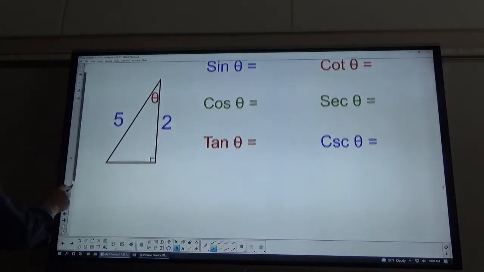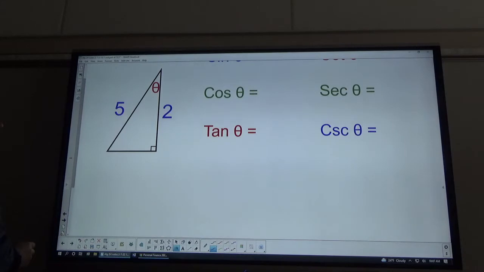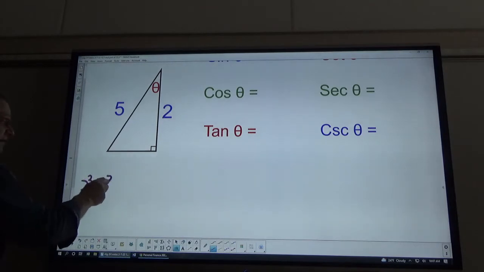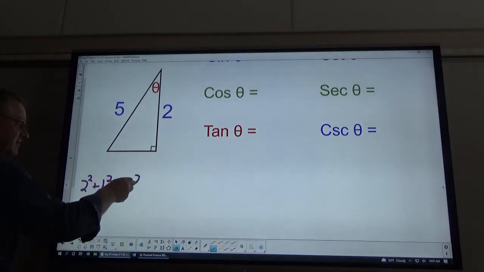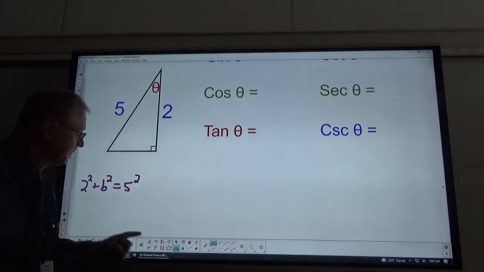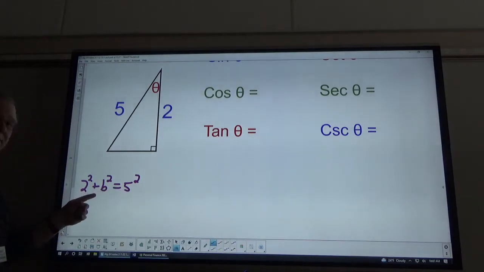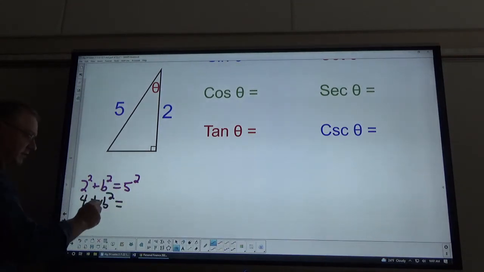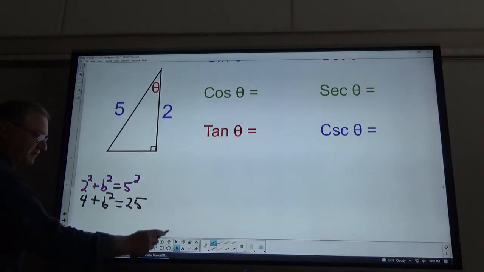Now I'm going to find the third side. This is the hypotenuse. So 2 squared plus, I'll call it b squared, equals 5 squared. Notice that 5 is not b. 5 is c. So we have to make sure it's by itself on the other side. 4 plus b squared equals 25.